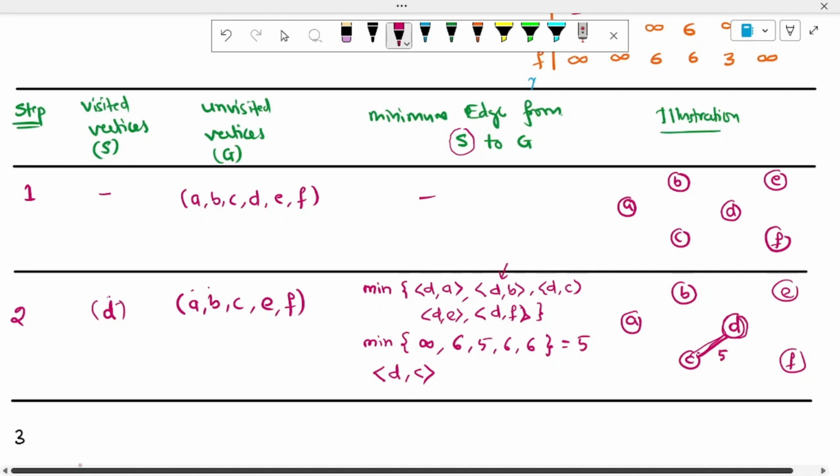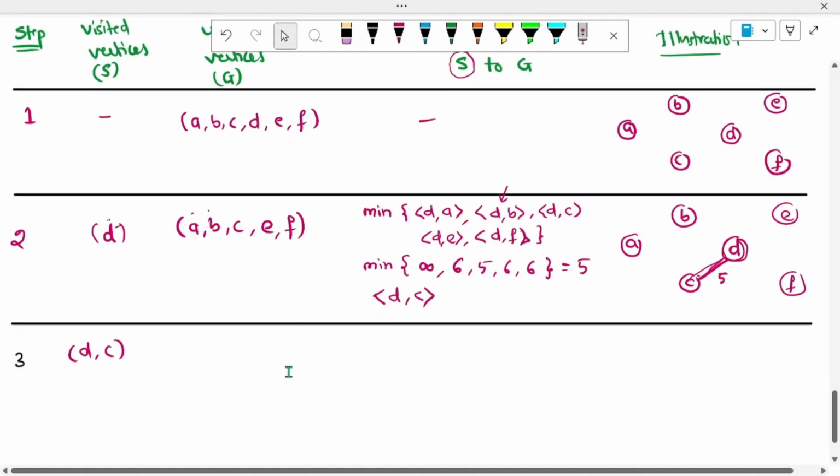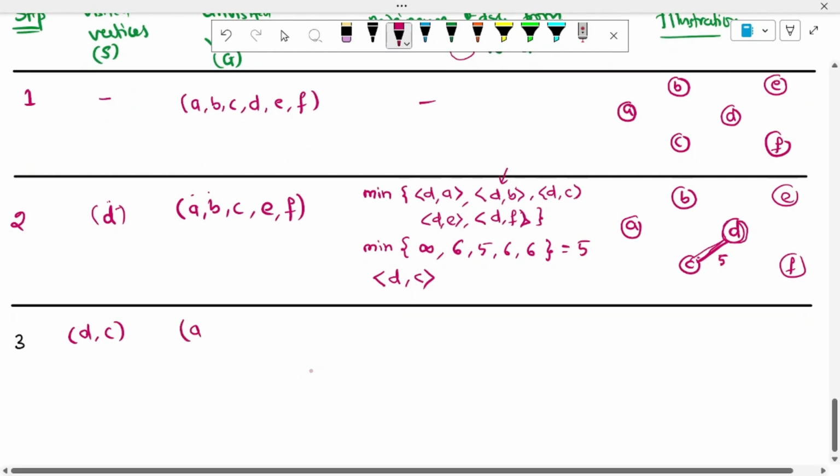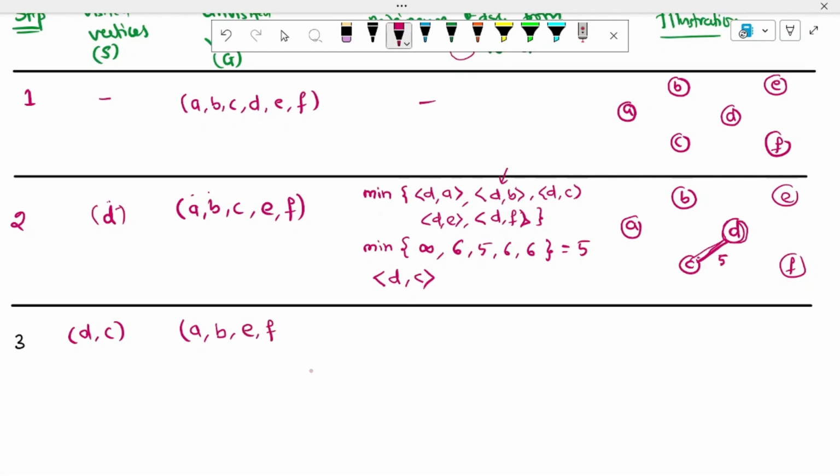So I can write here D comma C are the places where I have visited. After visiting these two places, I can go for A, B, E, F. These are unvisited.